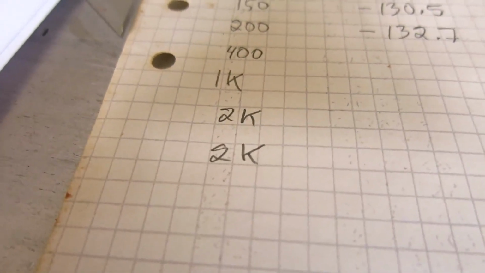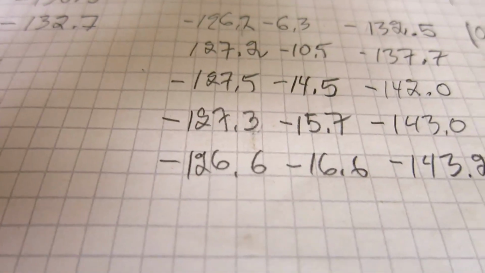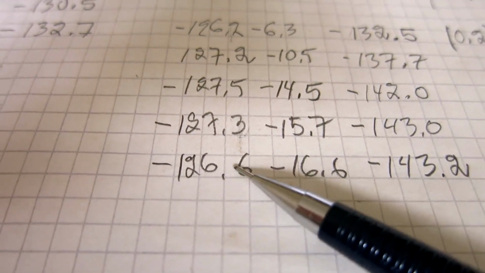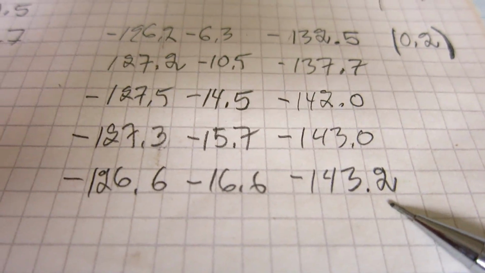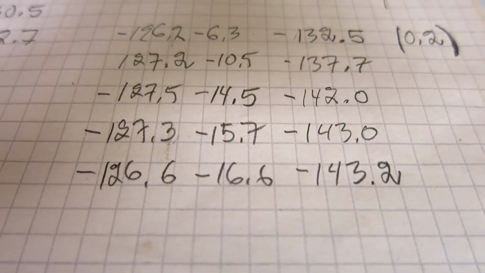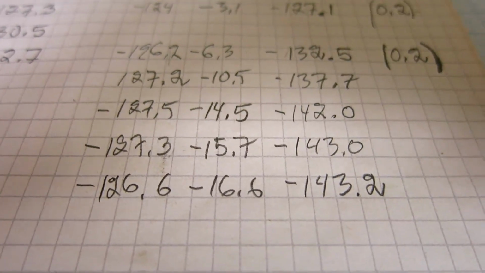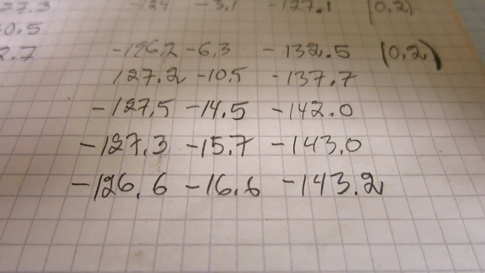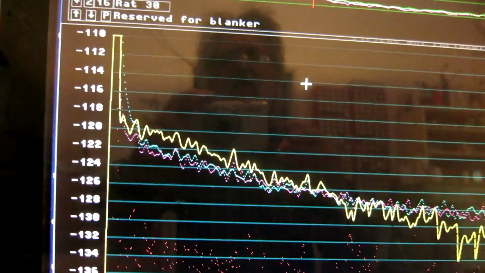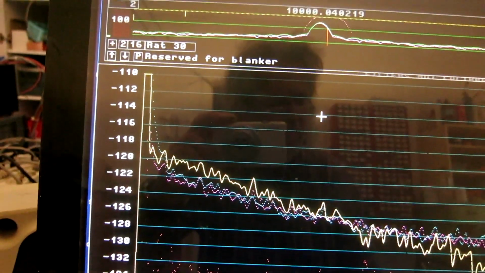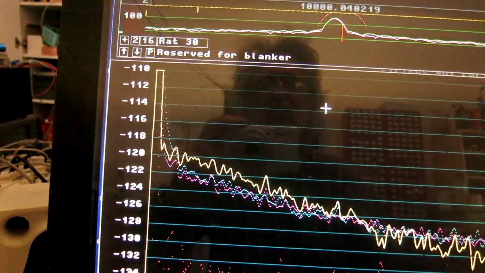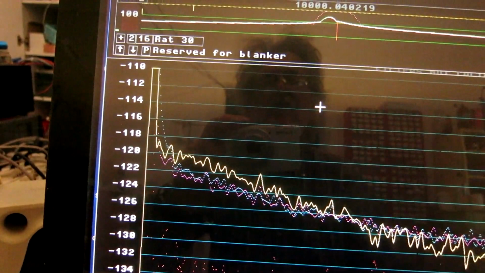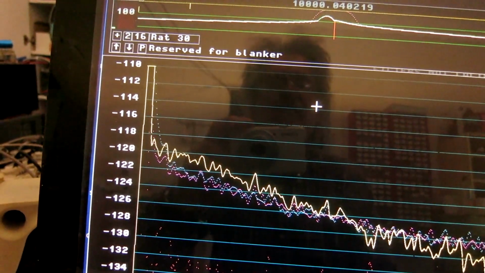At 2 kilohertz, I get somewhat different results here and here, but the sum is very nearly the same. So it's minus 143.1 on the average at 2 kilohertz. The presence of a 3 dB error has been obvious since I started with this 60 decibels attenuated signal.